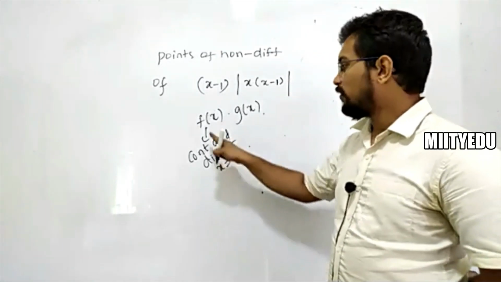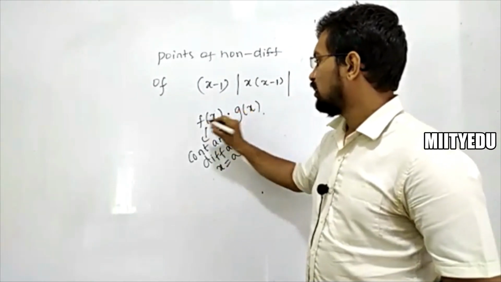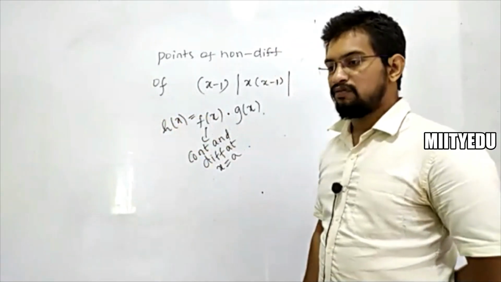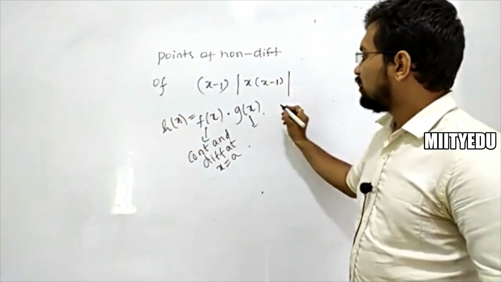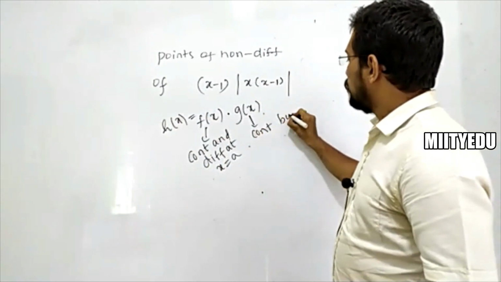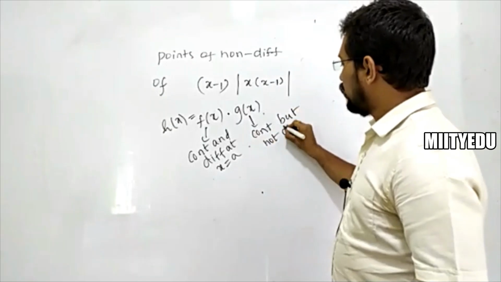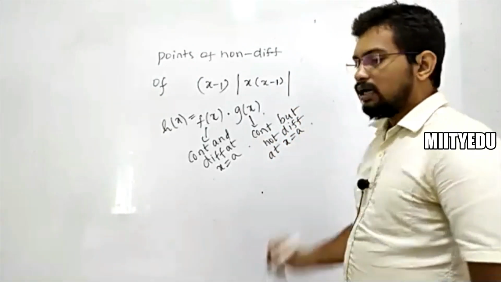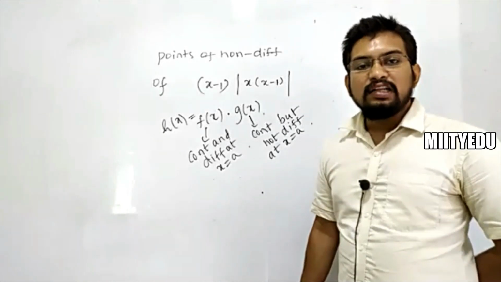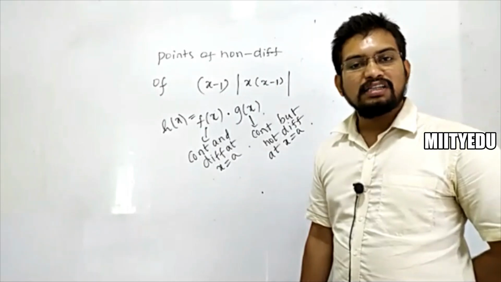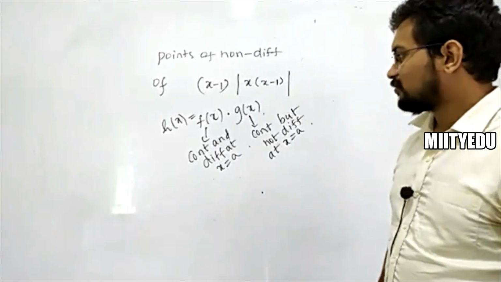Now let's say h of x is this function, f of x into g of x. This part I'll make it continuous but not differentiable at x is equal to a.